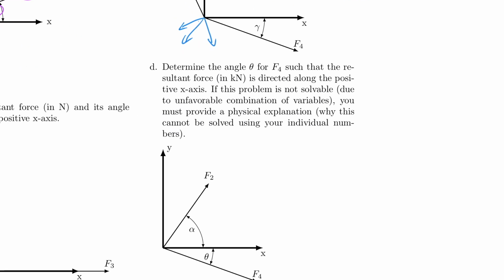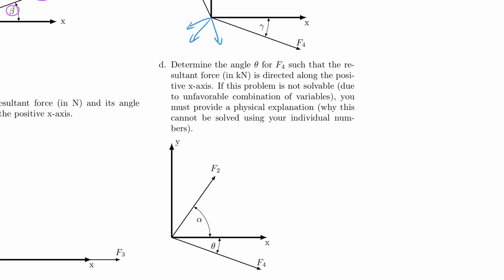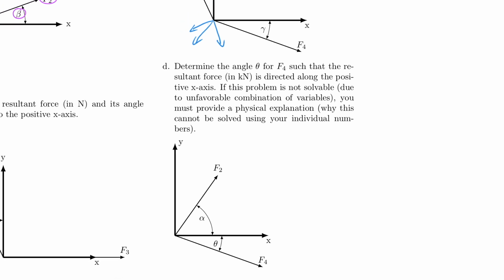Then here we have a vector problem where you need to determine the angle such that the resultant force is directed along the positive x-axis. So that is something that prepares you for the future. We have not talked about this specifically in this class, but we want you to think ahead, and we purposely don't give you all the information.